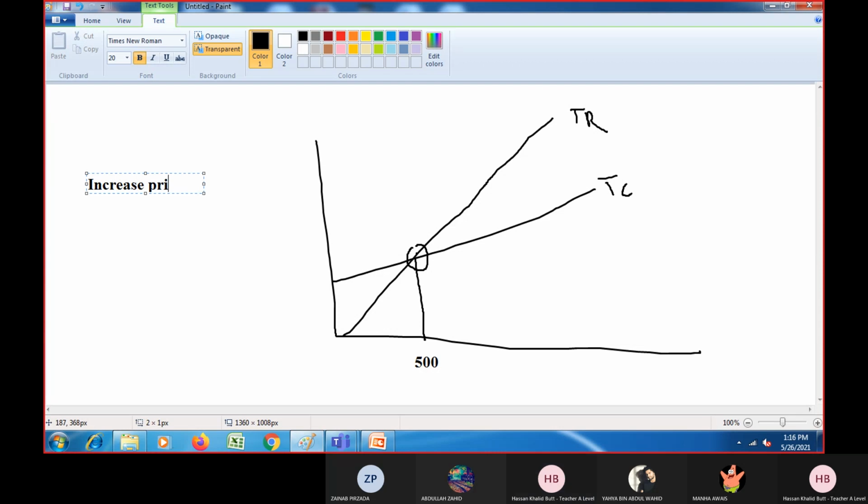Increase price. Okay, this is one. Second is you can reduce the cost if possible. Reduce cost or increase price. Like let's say if your price was earlier $10, so you can change it to $20.